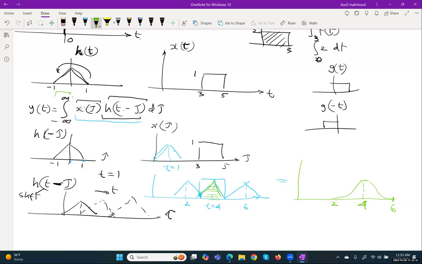Okay, so to summarize, you don't have to worry about it, like I said. Convolution, all it's doing is sliding it, multiplying it with the other signal, and then seeing how much is the overlap, and then it's integrating it, which is basically seeing how much is the amount of overlap.